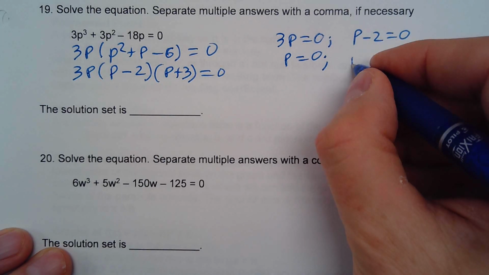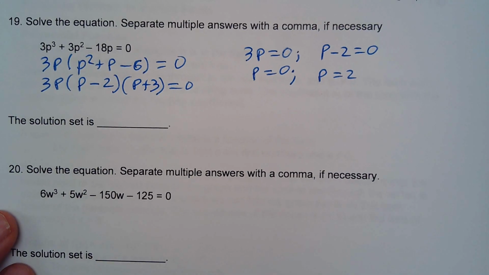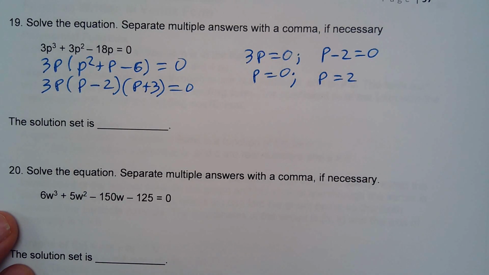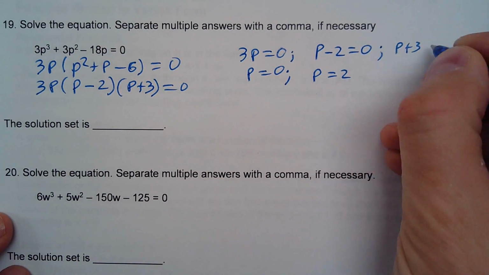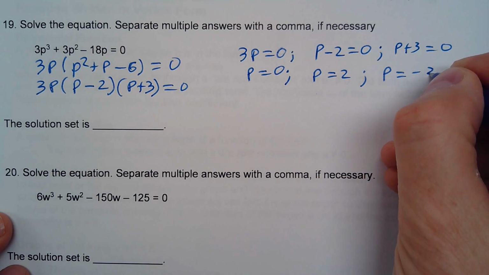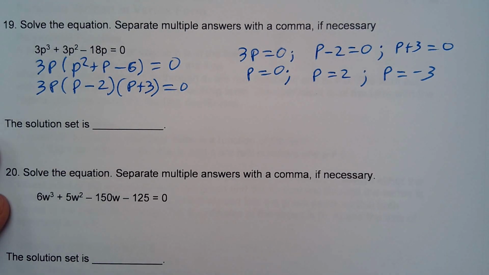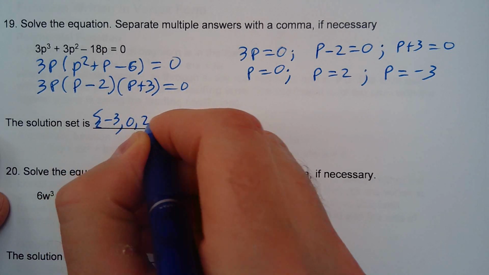We're going to add 2 to both sides. That gives us p equals 2. And then p plus 3 equals 0. We take away 3 from both sides. That gives us p equals negative 3. So my answers here are negative 3, 0, and 2.